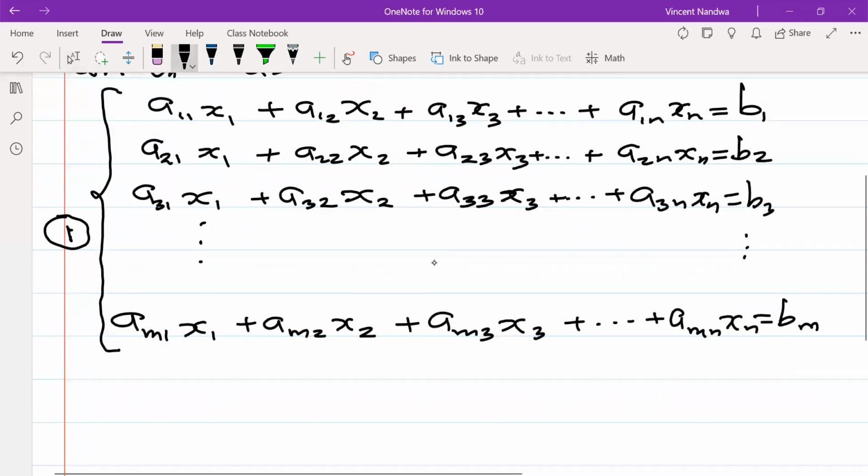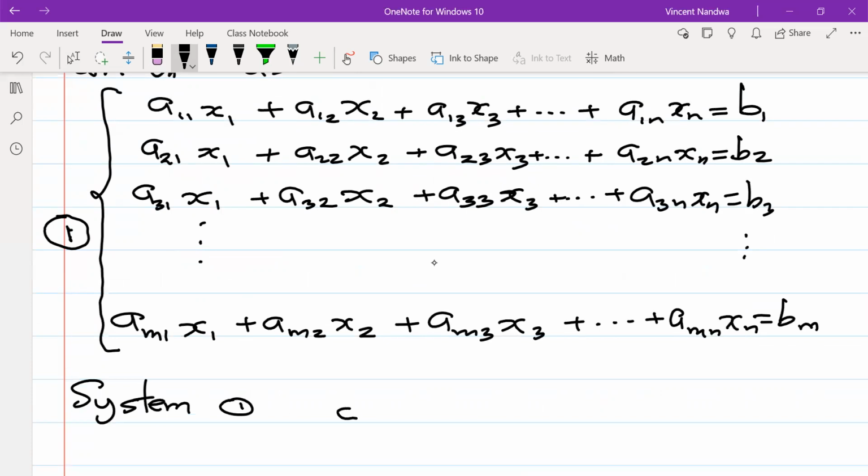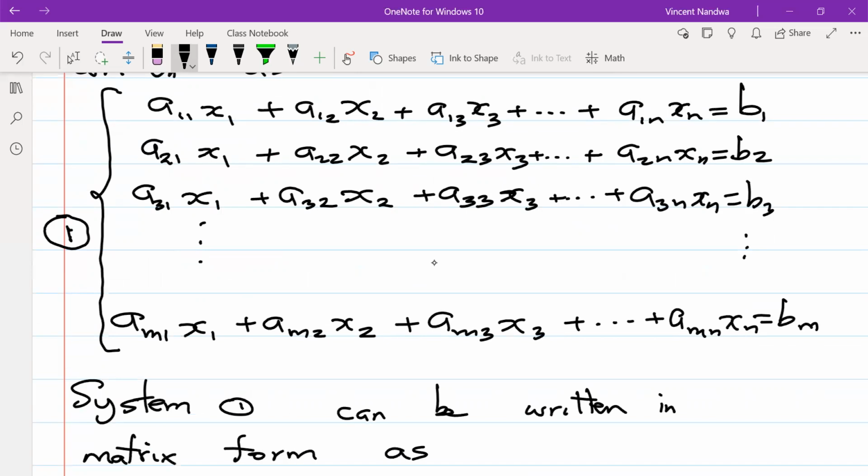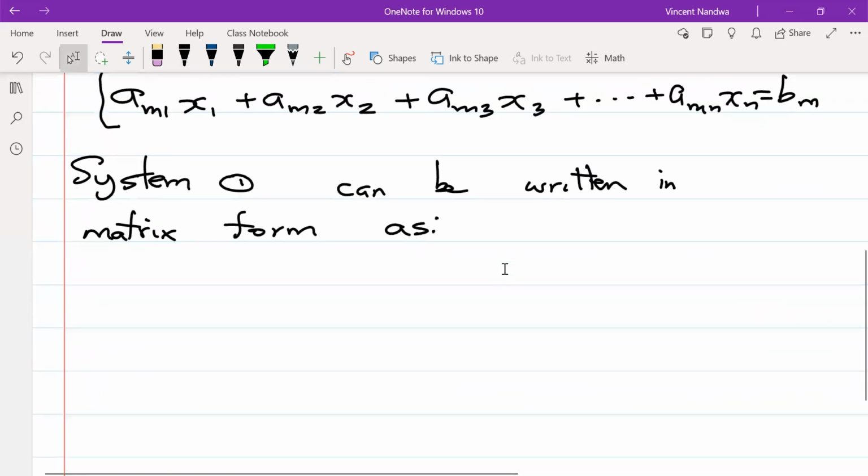So 1 can be written in matrix form as: you write all the coefficients as one matrix, multiply by the vector of all the unknown values x1, x2 up to xn, and then you equate to the vector of constants. So this is what you write.